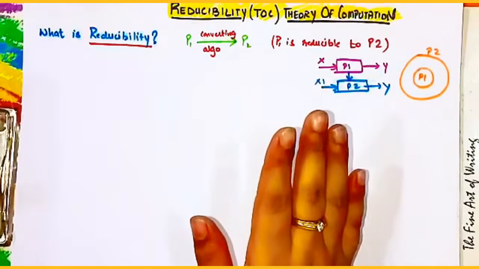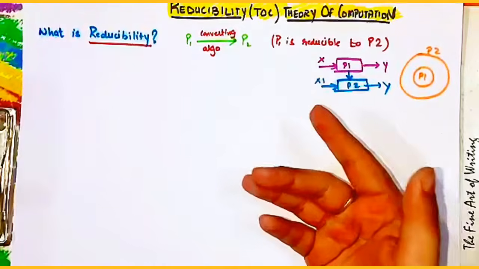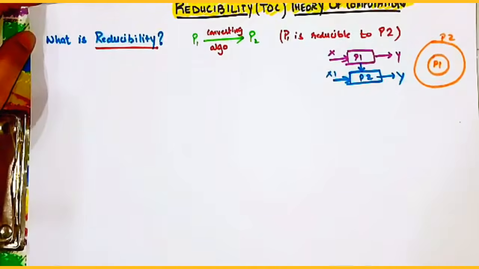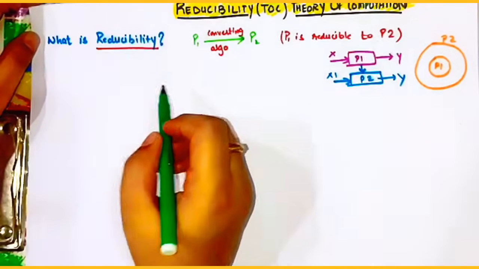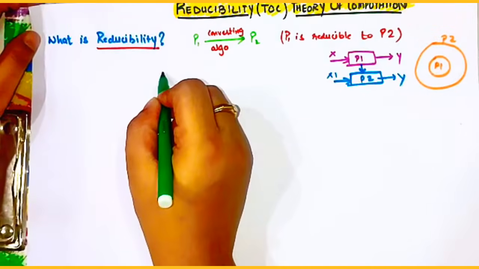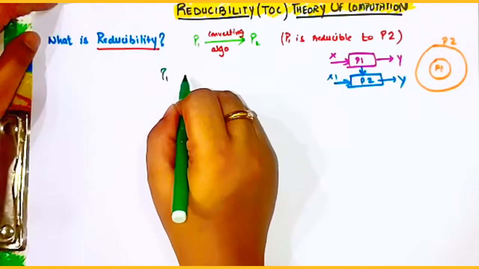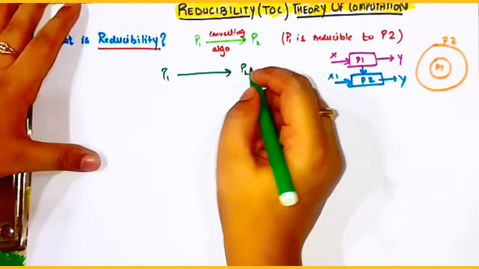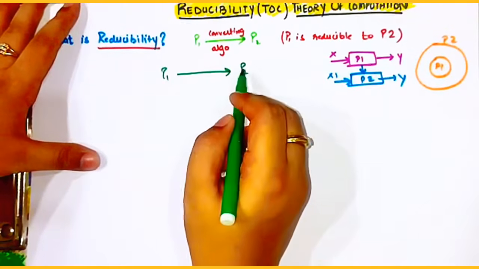Now I will be telling you some tricks or some way to solve the question. So when it is given that P1 is reducible to P2, first of all do one thing. Write P1 in the left side, then make an arrow and then write P2 in the right side. Now this means P1 is reducible to P2.